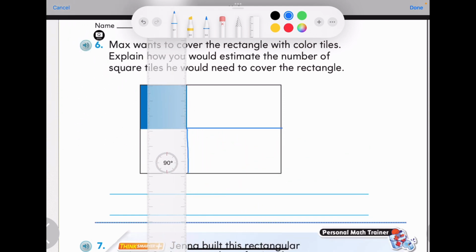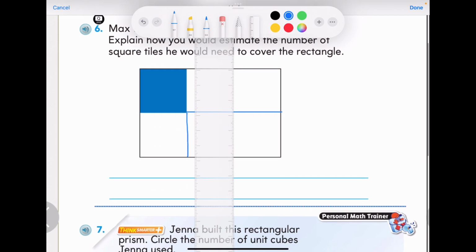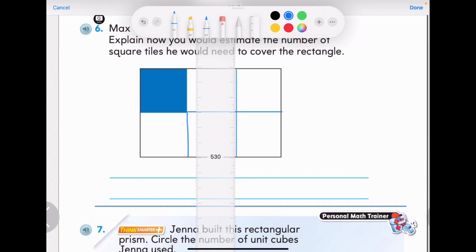Looking at my ruler, it's almost about a ruler of this. So roughly, I would have about 6 total square tiles, and I know that if I counted each of these, I have 6. Oh, I have 6 squares.